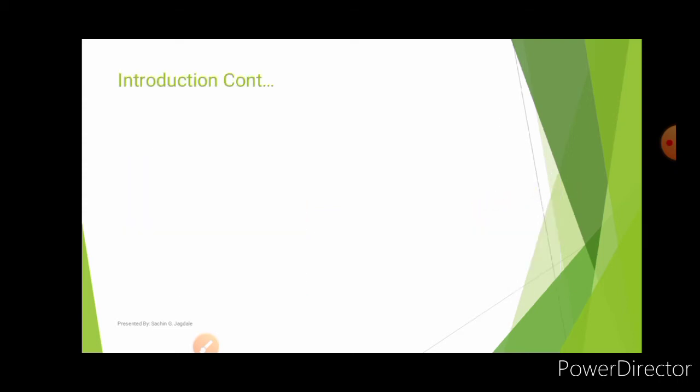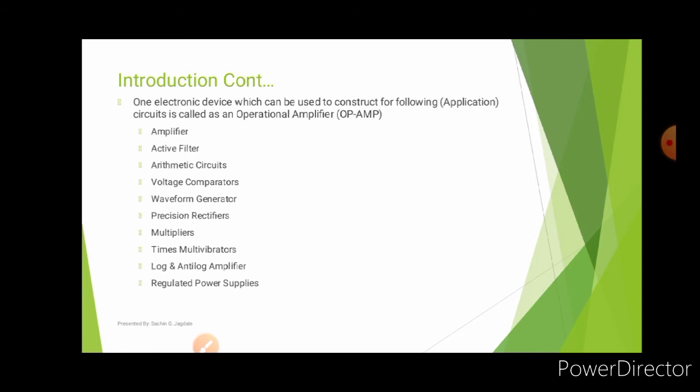Let us continue to understand where it started and why it is called an op-amp. One electronic device which can be used to construct the following applications or circuits is called an operational amplifier. If any IC is performing all the below operations, that IC is called an operational amplifier. It performs as an amplifier. It can act as an active filter.